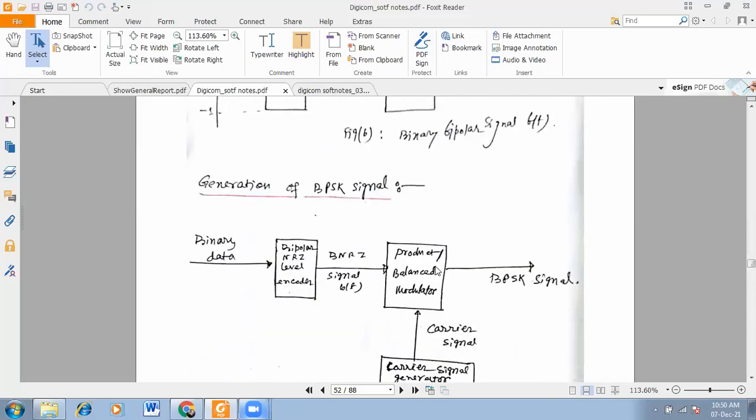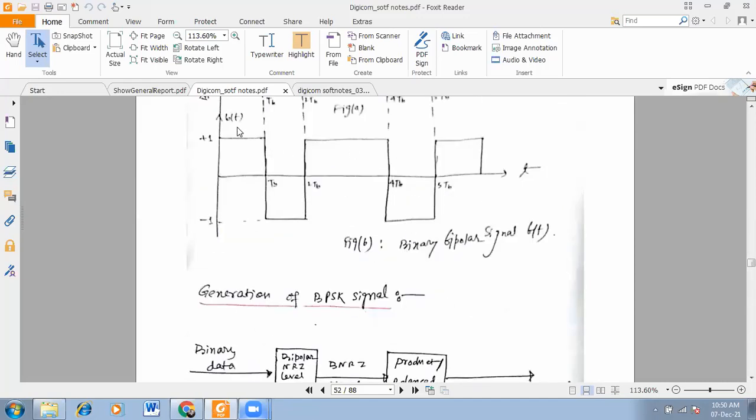Now this is the generation of BPSK signal. So you are having binary data, that is DT. You can consider 10010 something like that. Now you are converting this binary data into a bipolar non-return to zero level encoder. See here, this is plus 1, minus 1. 0 is considered as negative voltage and logic 1 is considered as positive voltage, so that's why bipolar.